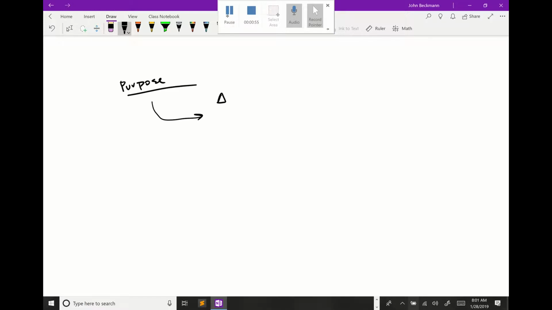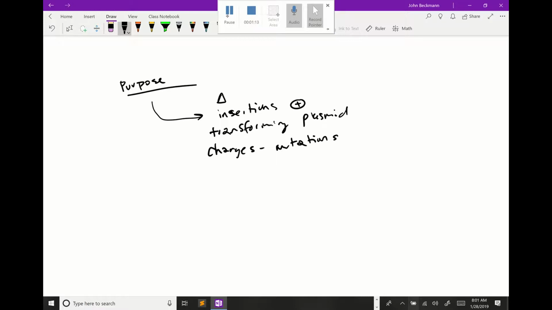There's insertions, which is like adding something. There's transforming a plasmid. We can make changes, like mutations. We can insert tags. You need to know exactly what your purpose is, okay? That sounds obvious, but think it through, okay?